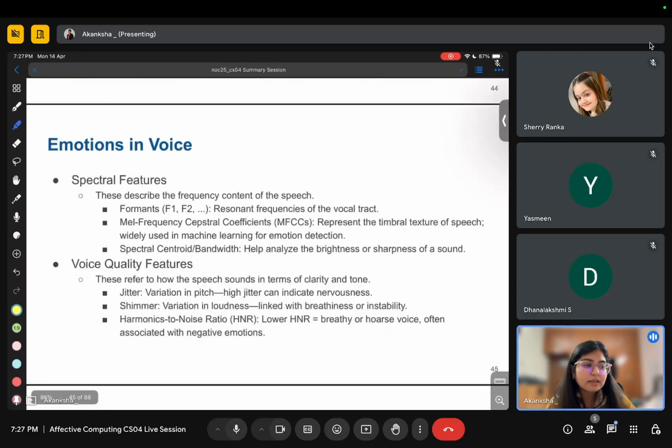Second category, spectral features. If you know what a spectrogram is, we can convert an audio to a visual representation which is called a spectrogram.